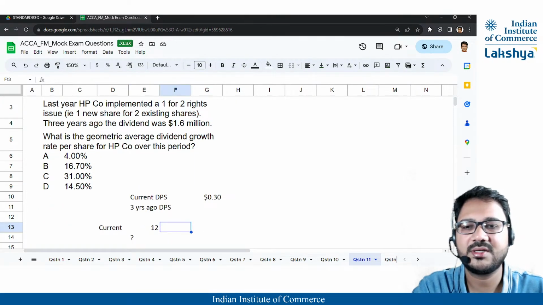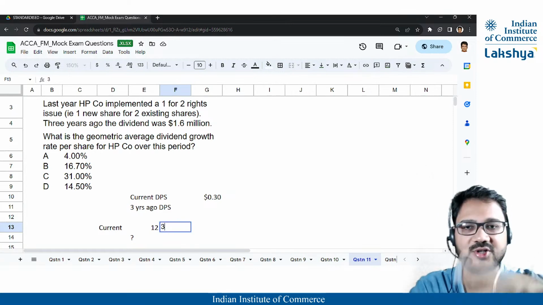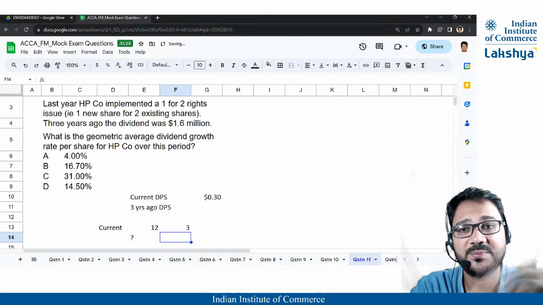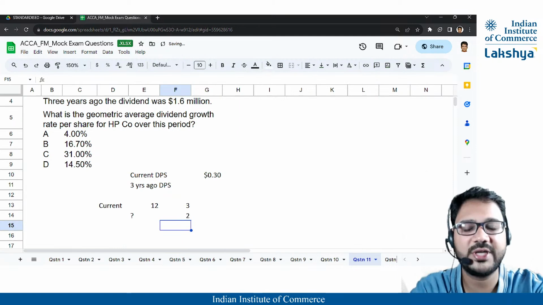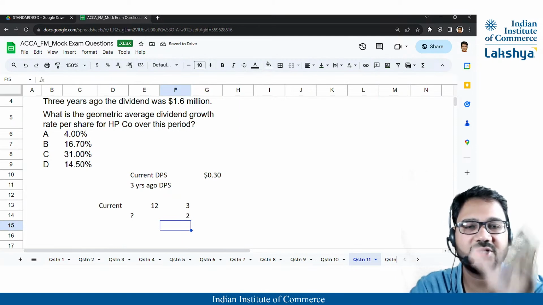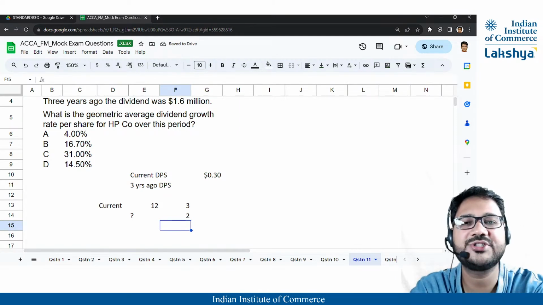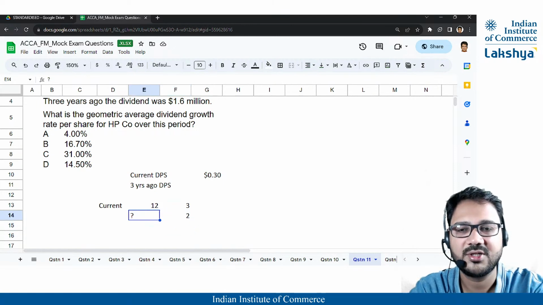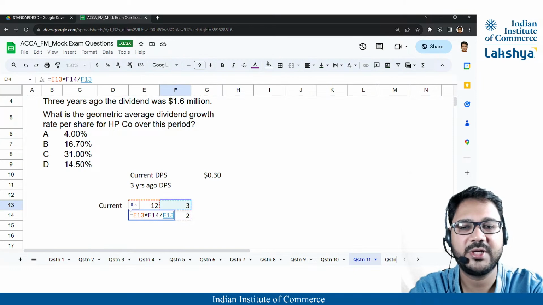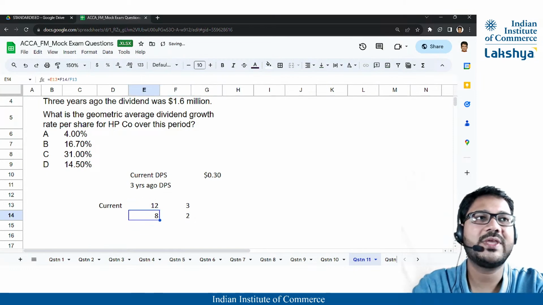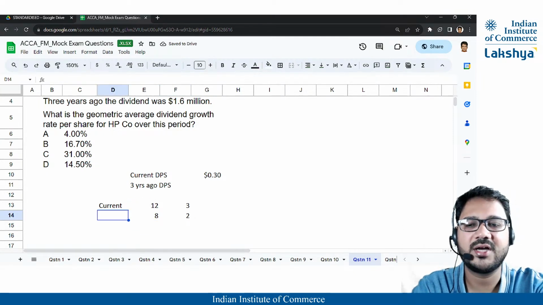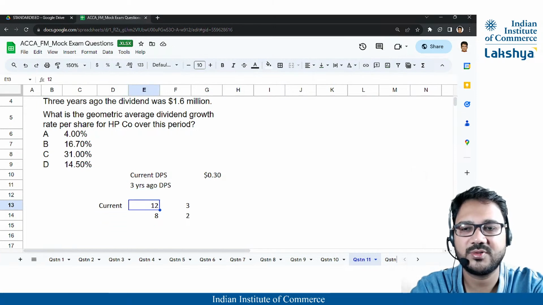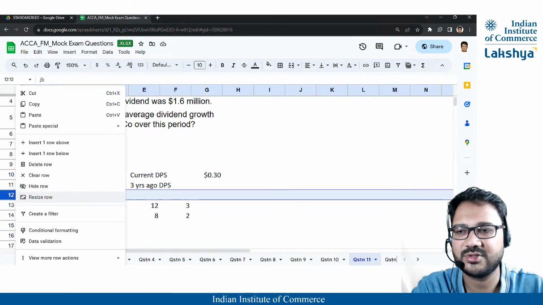That means currently in circulation, there are 3 shares, and previously there were only 2 shares in circulation. Because only when you had 2 could you buy an additional 1, and now there are 3. So just cross multiply: 12 into 2 divided by 3. So 8 million shares were in circulation. Let's put it down so there's no confusion.